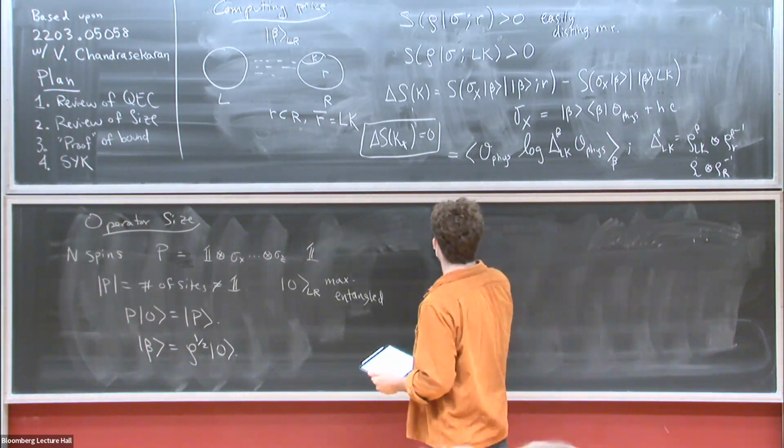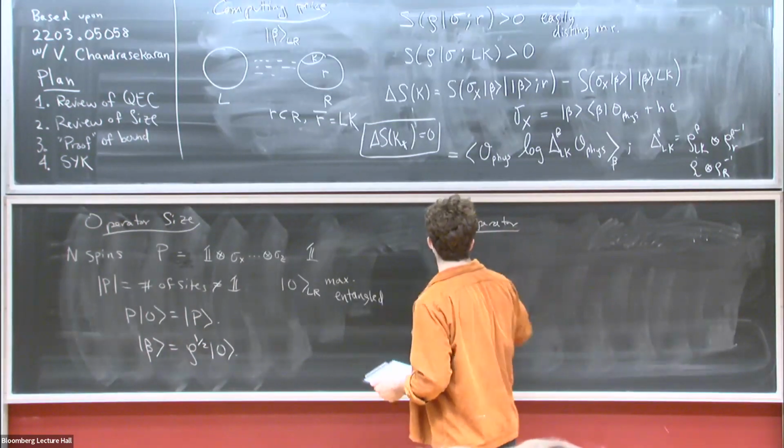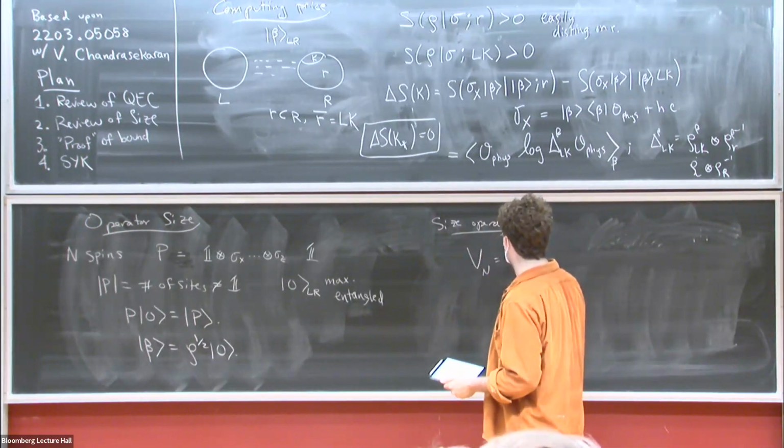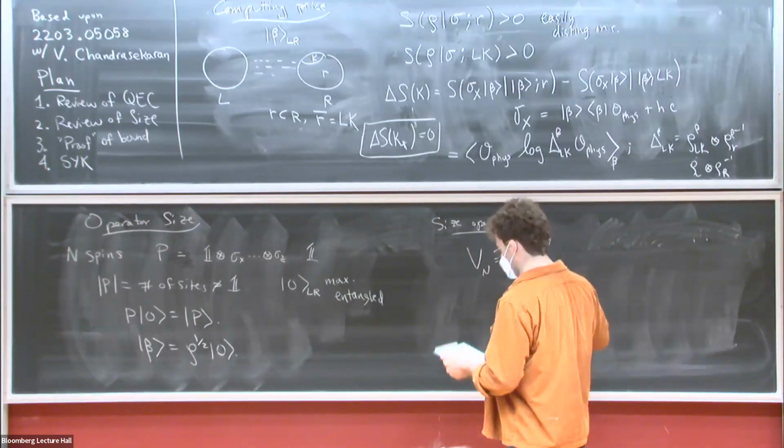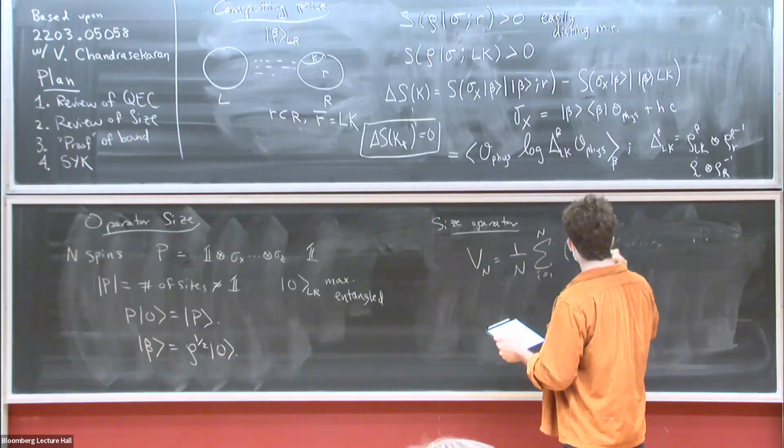So there's a size operator, which we're going to call V sub n, which, if you work it out, looks like the following.